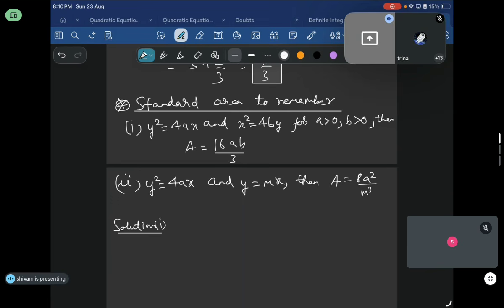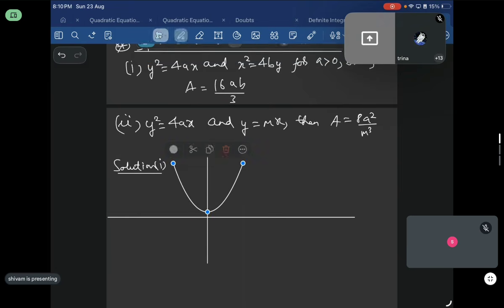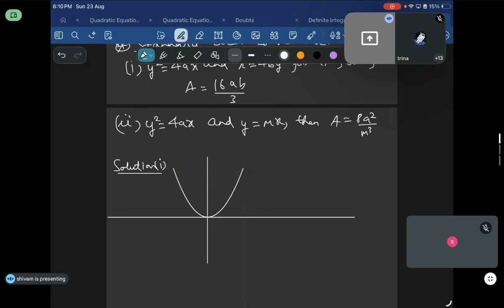So let us start. Everyone, you can start. So y square equal to 4ax will be this one. And x square is equal to 4by is this one.